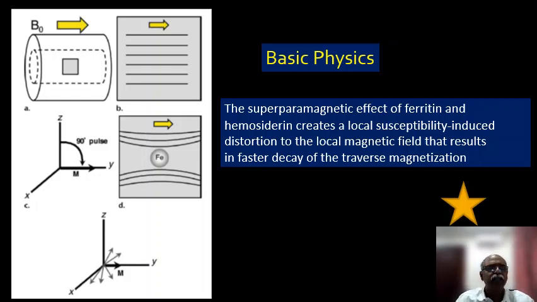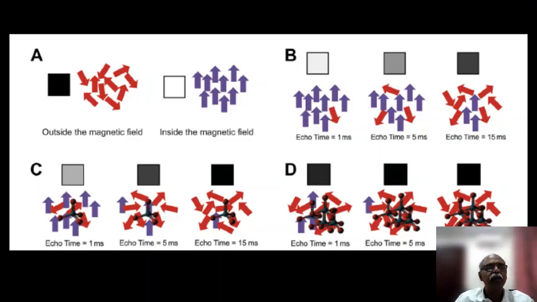Again, the basic physics is simple. It is shown very clearly here. Outside the magnetic field B0, and inside the magnetic field, when there is excessive iron deposition, all the protons go into disarray. They are malaligned. The T2 weighting goes into a toss, and that is why the T2 signal decay occurs very fast.